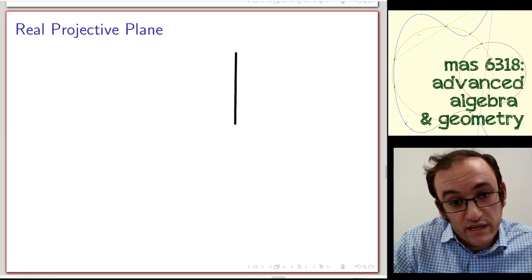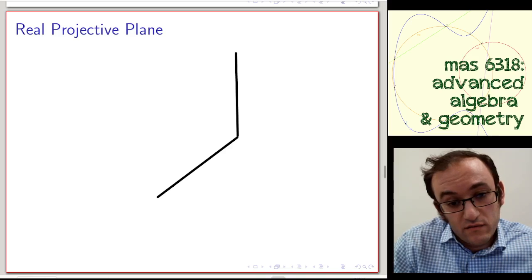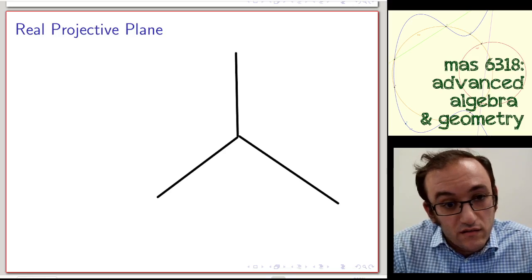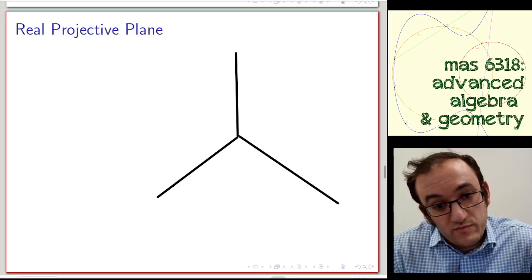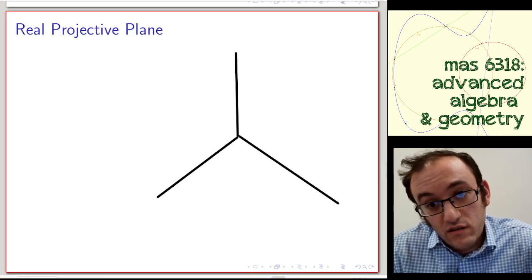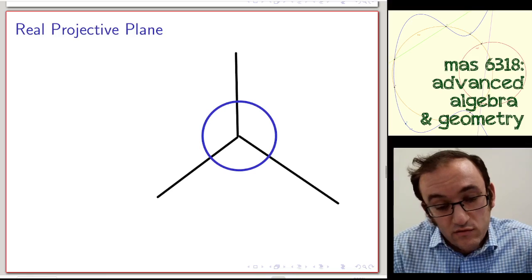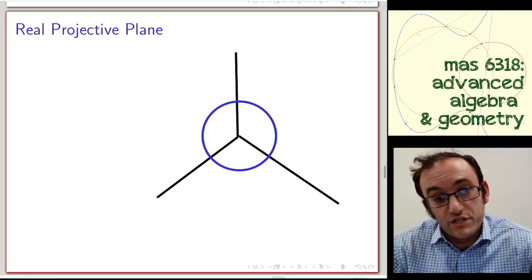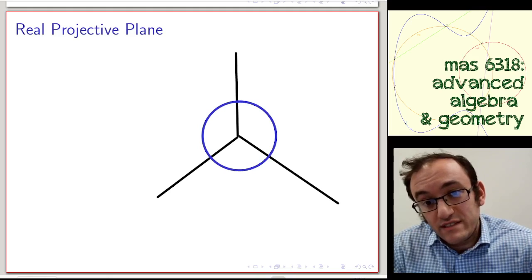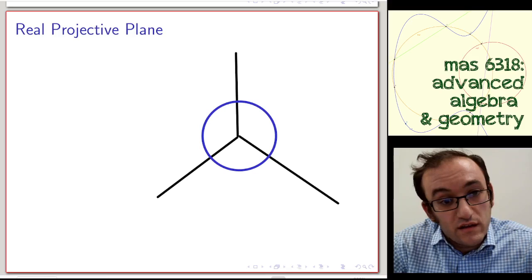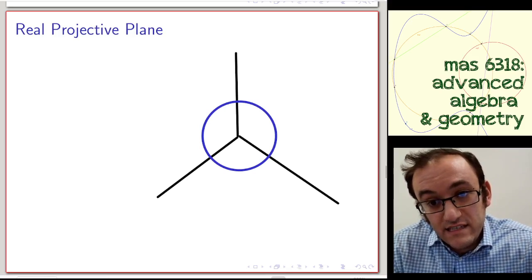We're going to take 3-dimensional space. We're going to put a sphere at the origin, and we're going to let that sphere sit on a plane at z equals -1.